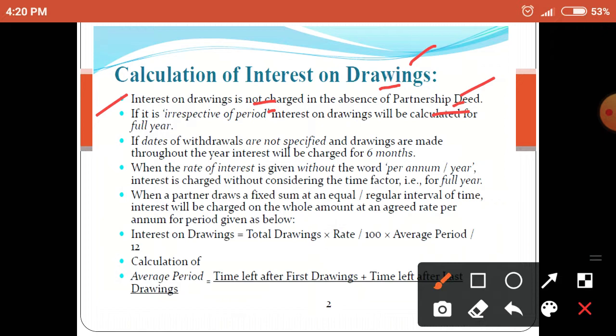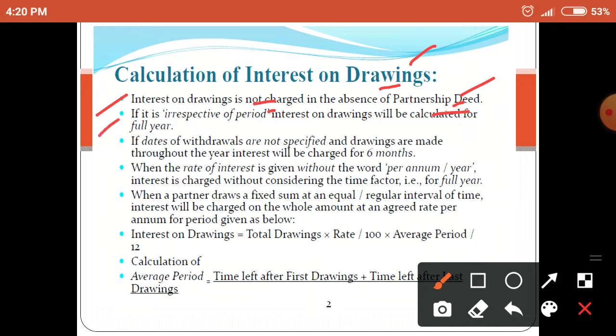If there is no partnership deed and one partner has withdrawn some amount from the business, in such a case we should not charge interest on drawing. So this is the first point you have to remember.